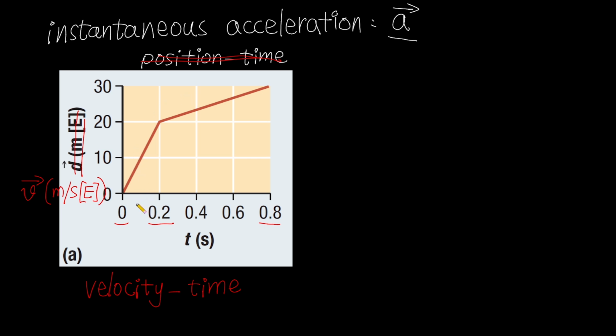For example, from 0 second to 0.2 second, the velocity time graph is a line segment. Then the acceleration for this time interval is a constant. Similarly, from 0.2 second to 0.8 second, the velocity time graph is a line segment. Then the acceleration for the time interval from 0.2 second to 0.8 second is a constant.